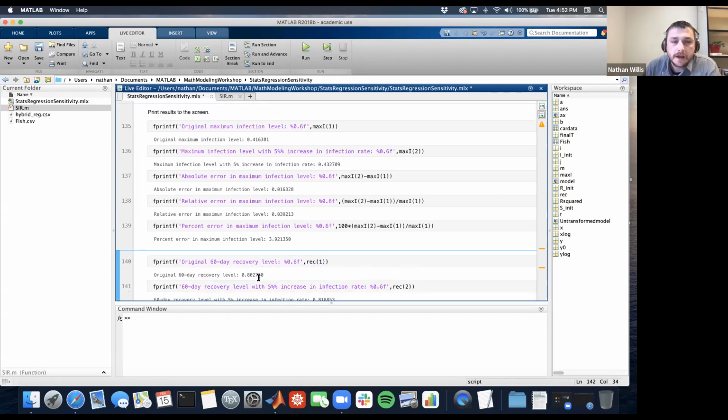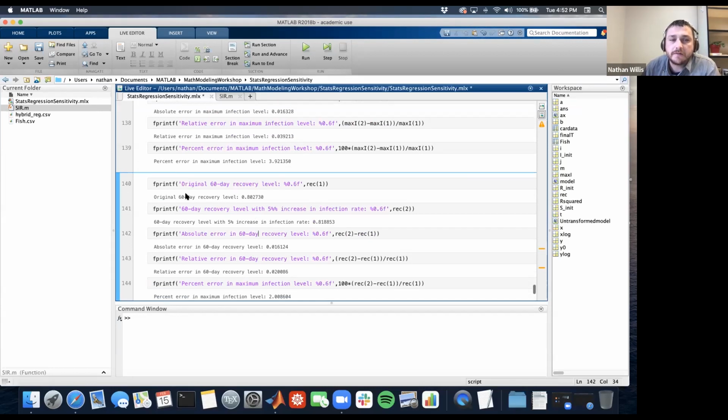And then if we just look at the 60-day recovery level, so again the 60-day recovery level is 0.80. If we increase that infection rate 5%, the 60-day recovery, so that's the population that's recovered at day 60, goes up to 81.8. So again, we increased the infection rate and we got a higher population because people became infected more quickly, so they're able to recover earlier on.